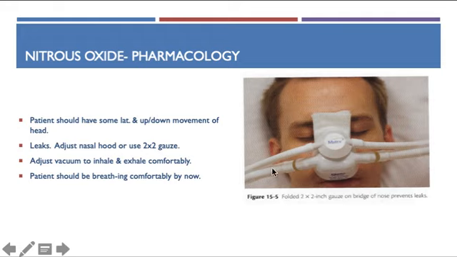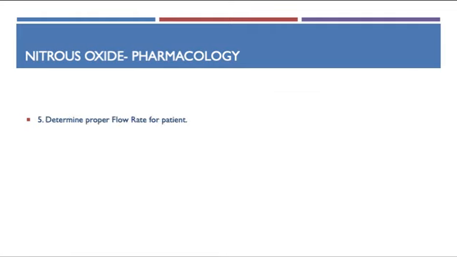And then these larger diameter tubes are vacuum tubes that are connected to your dental chair's vacuum system. And those scavenge the unused gas back into the vacuum system so that the gas doesn't escape into the air in the room.